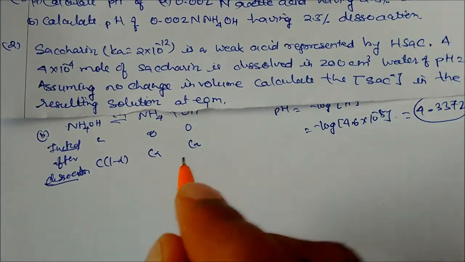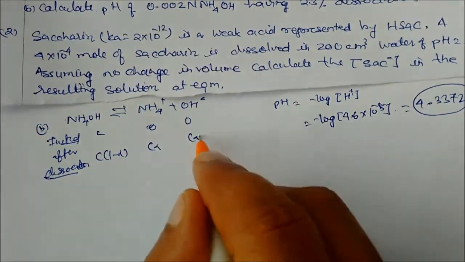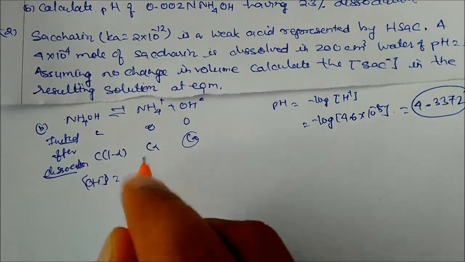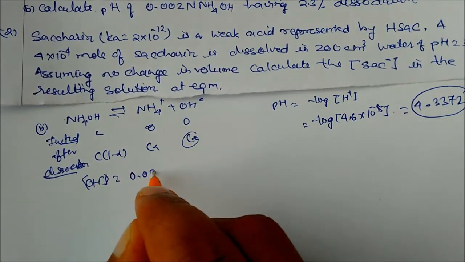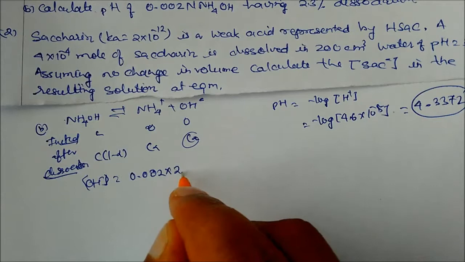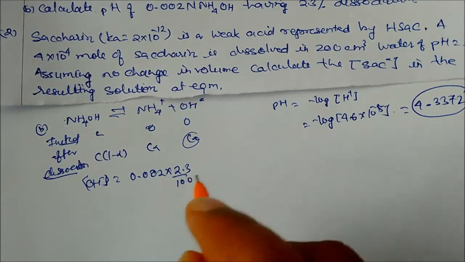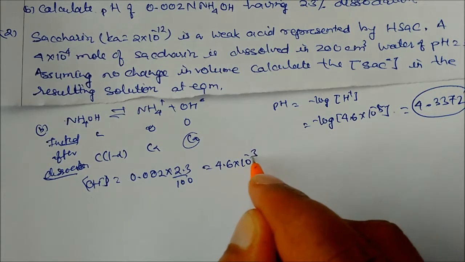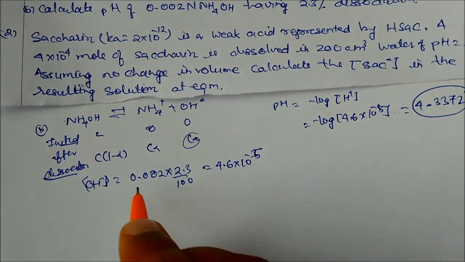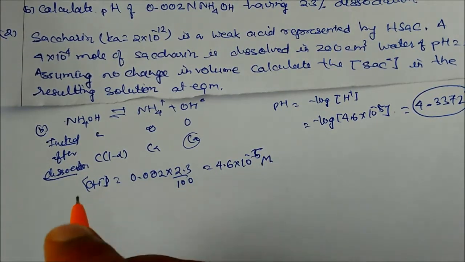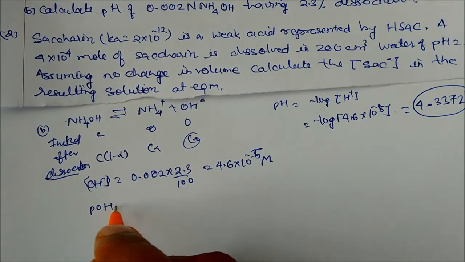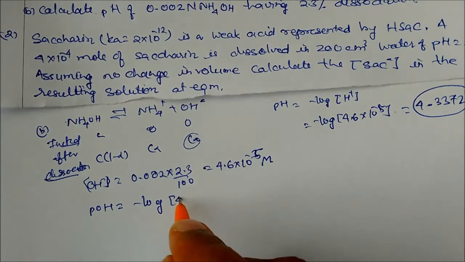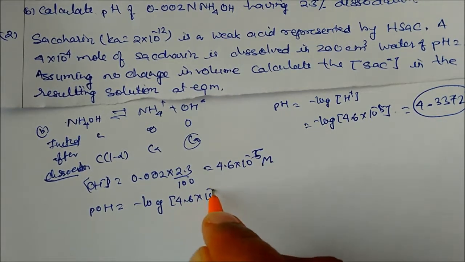So this is the OH concentration. OH will be C into alpha. C is given as 0.002 and alpha is given as 2.3 by 100. So here you will get 4.6 into 10 to the power minus 5 molarity. This is the molarity of OH. So pOH will be minus log of 4.6 into 10 to the power minus 5.